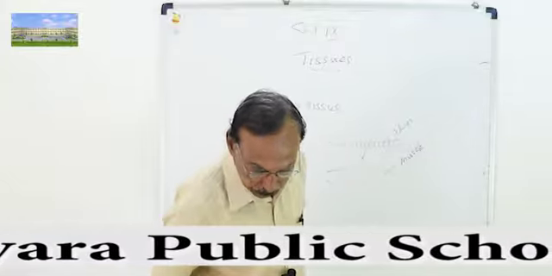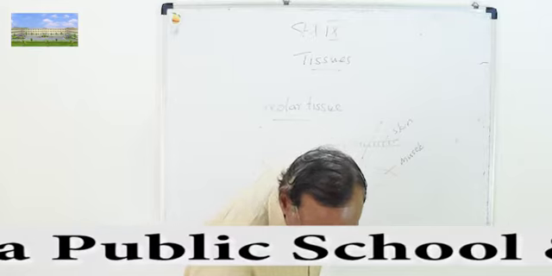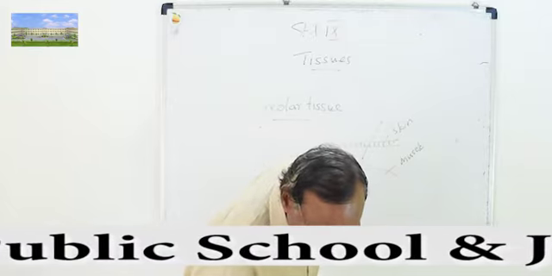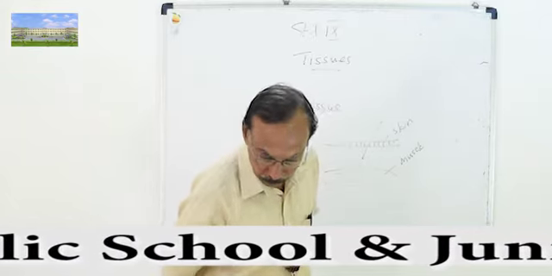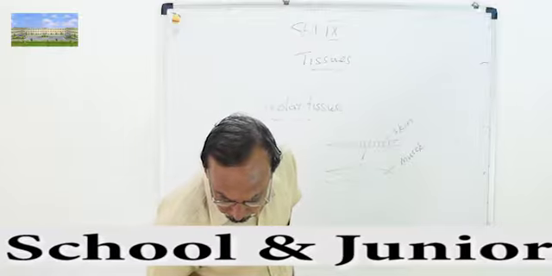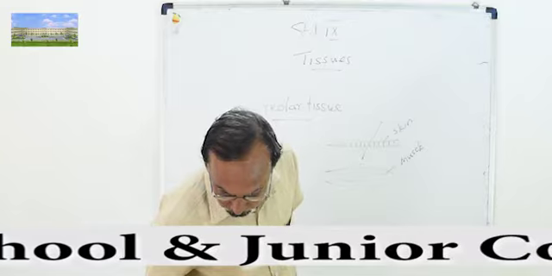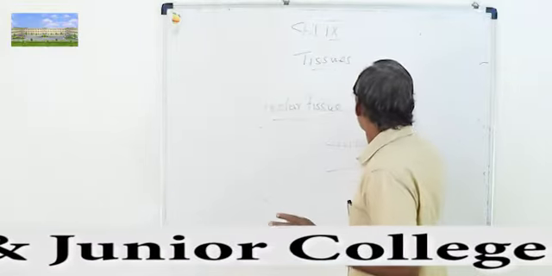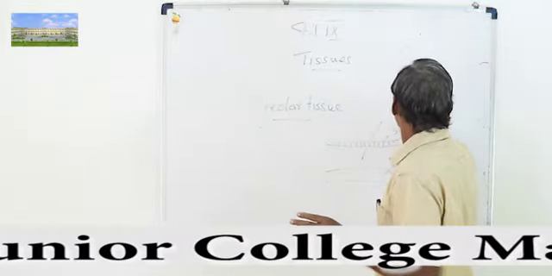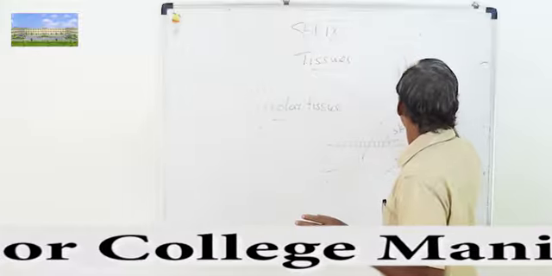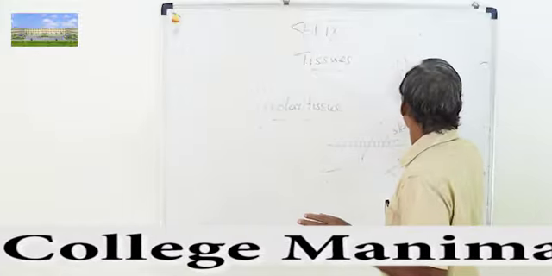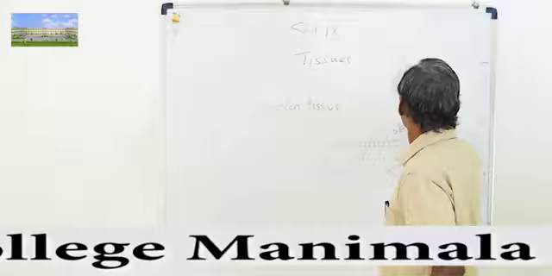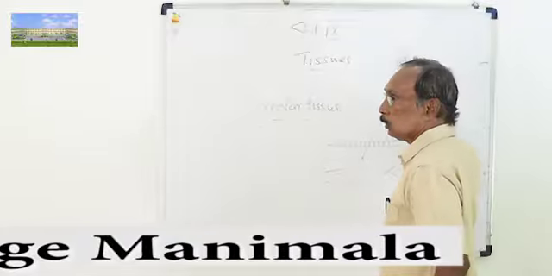It is labeled there. You need not remember all the different cells, plasma cell, macrophage, mast cell. It is also present in the bone marrow. If you examine bone, inside there is a very soft part, a fluid-like thing.